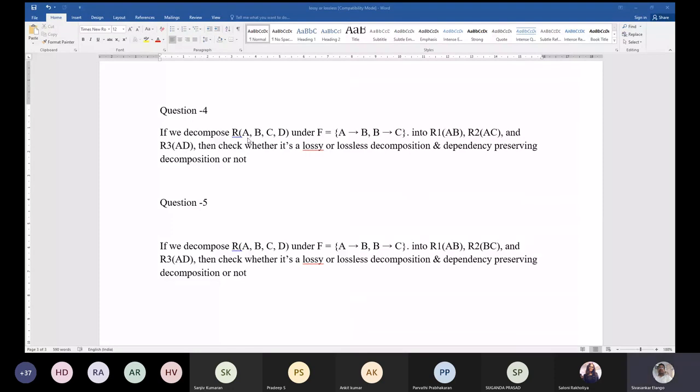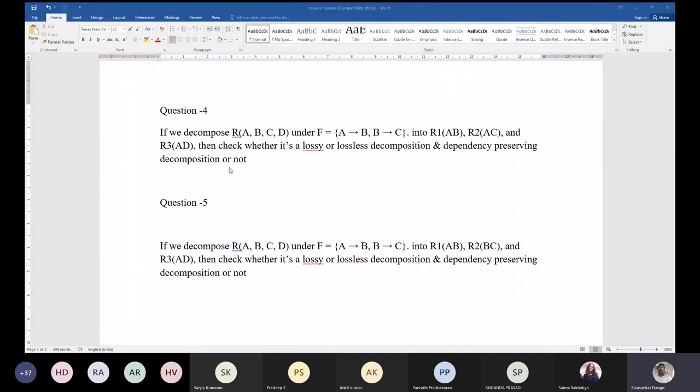It's a simple relation R with attributes A, B, C, D, and the following functional dependencies hold good: A determines B and B determines C, right? And the relation R is decomposed into R1, R2, and R3 with the attributes A B, AC, and AD respectively. Check whether it's a lossy or lossless decomposition, and whether it's a dependency preserving decomposition or not, right?